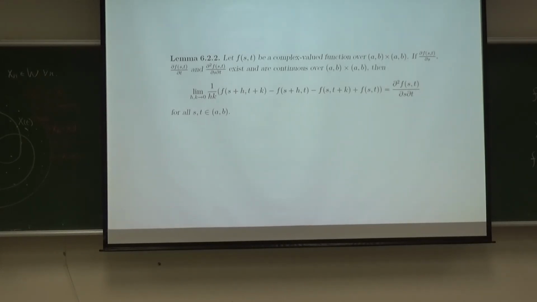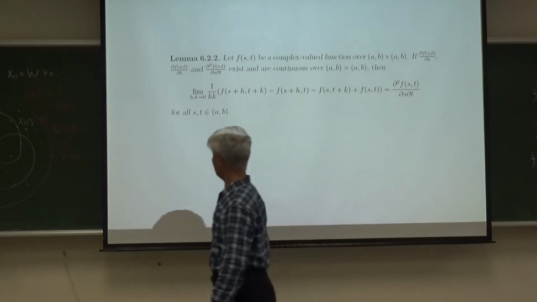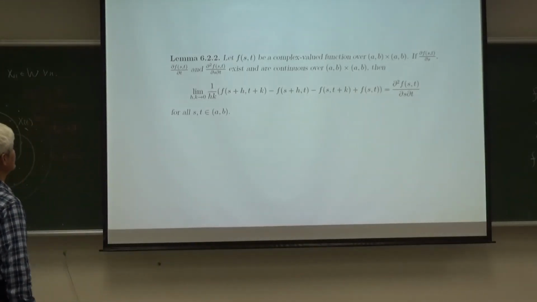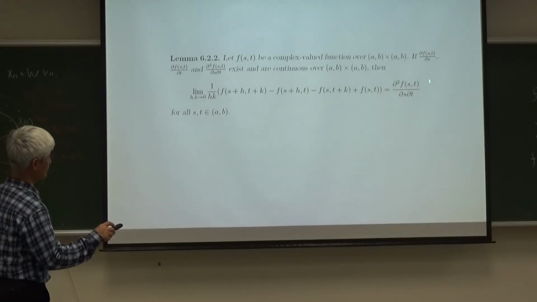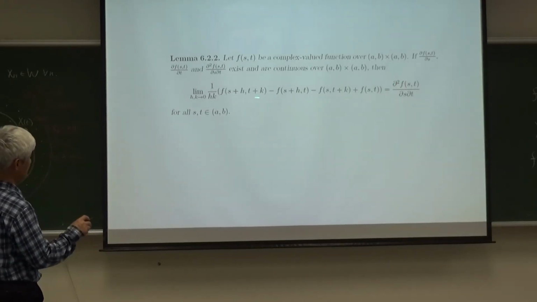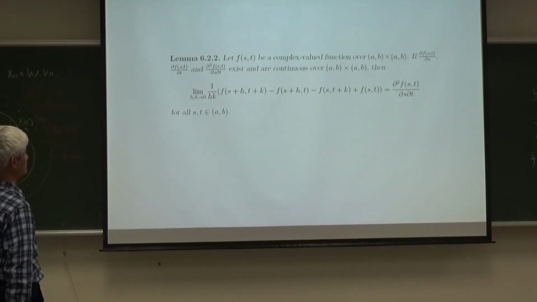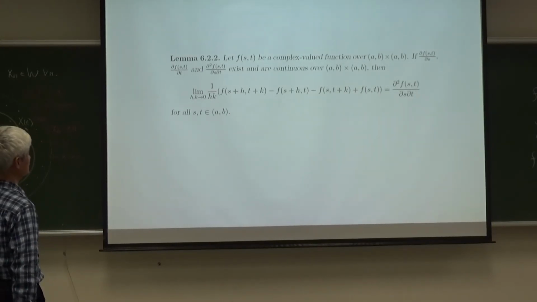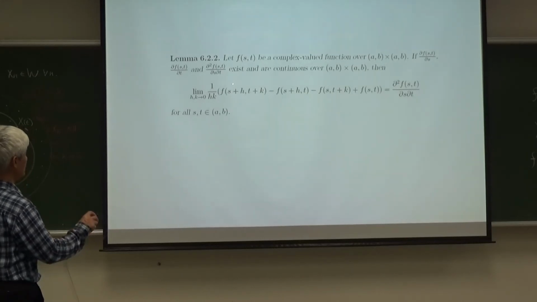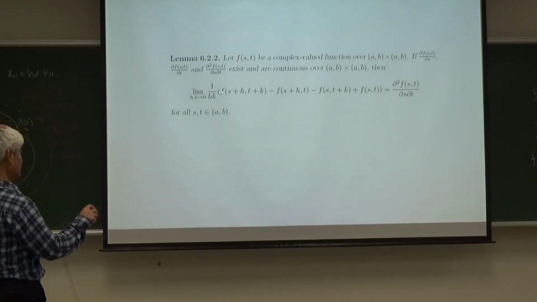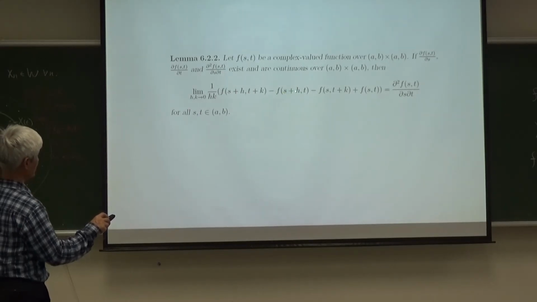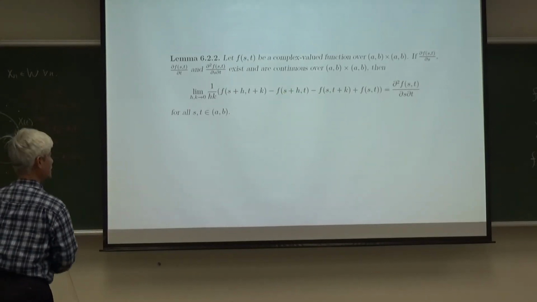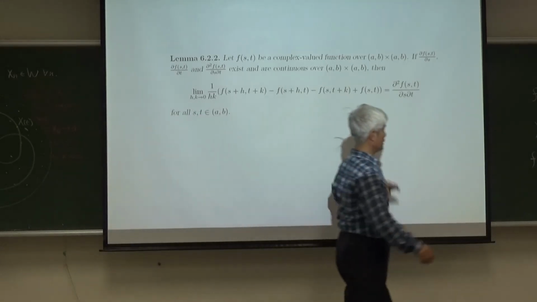If this is true, then the mixed partial derivative can be obtained by using such a formula. Okay, so you see that this is the value at x plus h, t plus k, minus the value at x plus h, t, and this one, and then f of x,t.